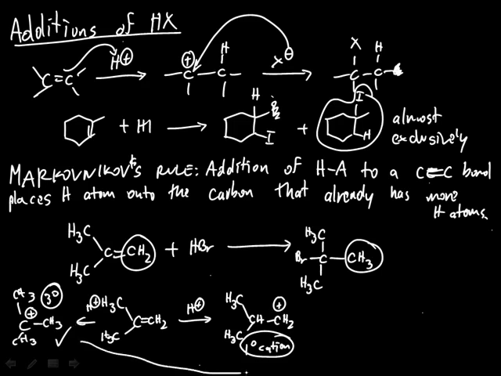And then proceeding from here, we'll end up with the attachment of bromine onto the more substituted carbon to give us this intermediate. Okay? This reaction is an example of a regioselective reaction. When we have two possible orientations of addition, one of them is being preferred, and this is an example of regioselectivity.